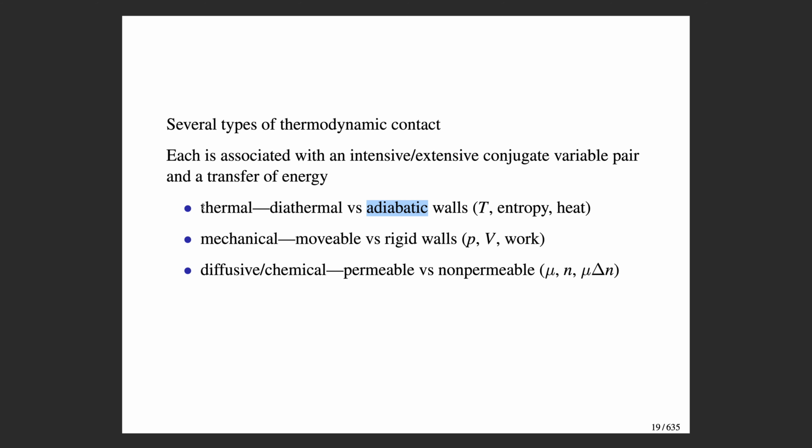We associate thermal contact with the variable temperature and the quantity called entropy. And we'll discuss this in more detail later as we introduce entropy specifically. Another type of contact between a system and its surroundings is mechanical contact. And mechanical contact involves typically a movable wall. Okay, so a wall that, basically think of it like a balloon that can expand or be compressed.